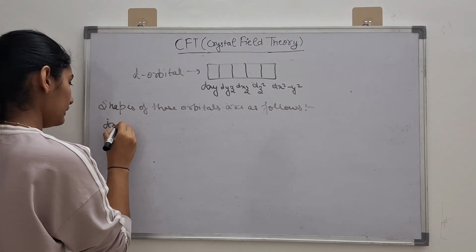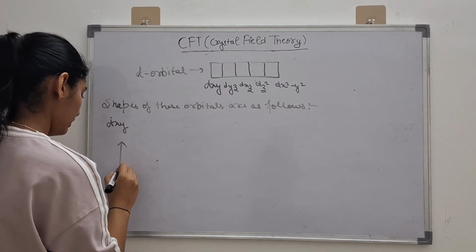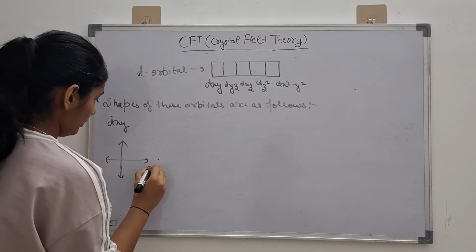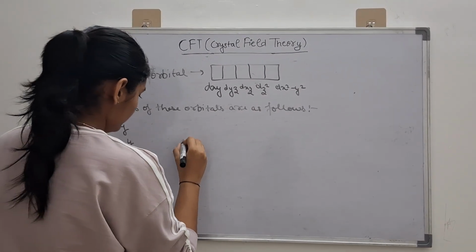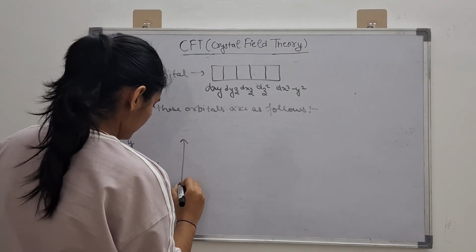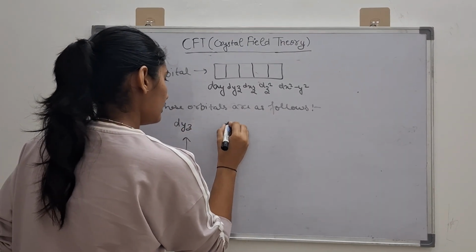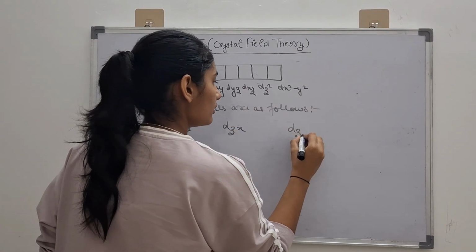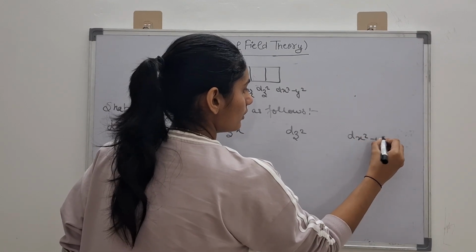First is dxy. First make the axes, like the x-axis and y-axis, then dyz, dzx, dz square, and dx square minus y square.